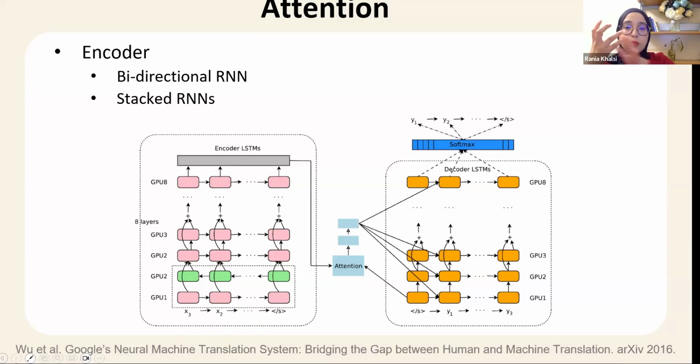We pass the inputs through multiple layers to capture richer representations, and this design is known as stacked RNN, where several blocks or layers are placed on top of each other. The idea here is mainly to improve the performance.